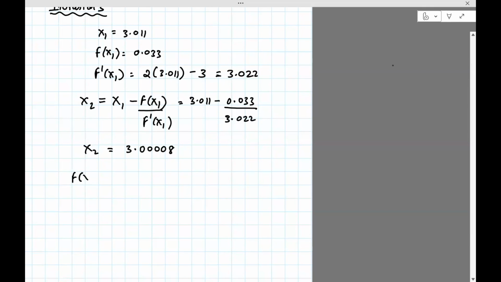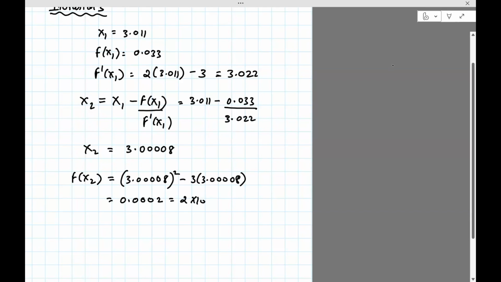So we need to check the convergence. F of x2 is 3.00008 squared minus 3 times 3.00008 equals, so I actually get 0.0002, which is also equal to 2 times 10 raised to negative 4, which is clearly smaller than 1e negative 3.